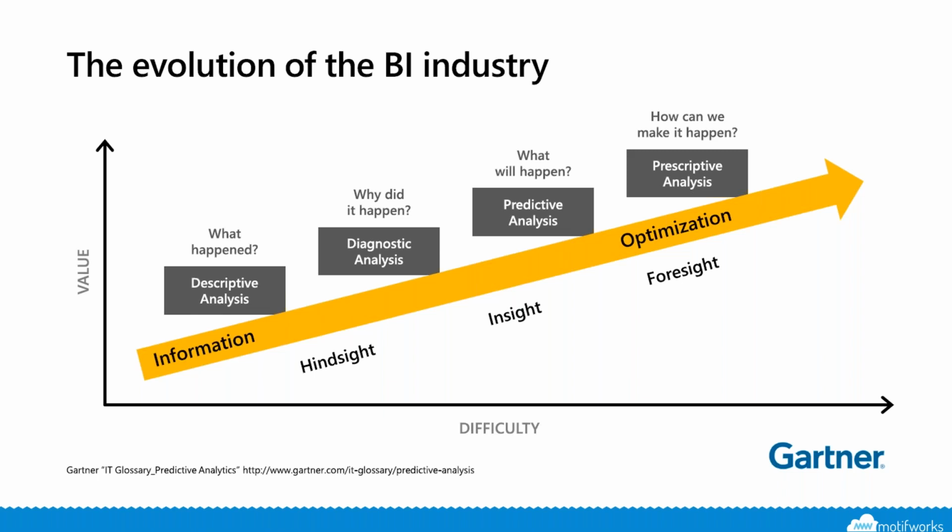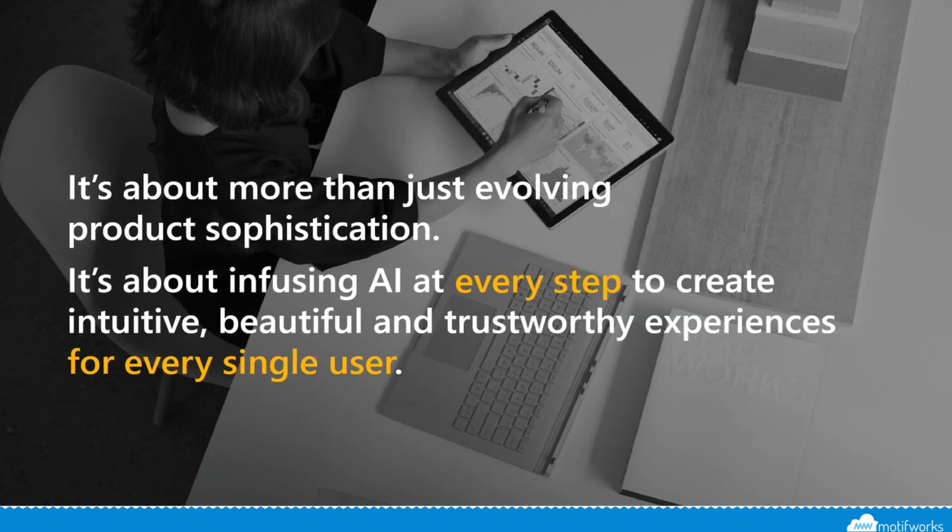But what we think is it's not more about evolving the product sophistication and starting to apply machine learning techniques for predictive and prescriptive analytics. It's about infusing AI at every step. So even simple questions like what happened can be greatly improved by using various AI techniques. Why did it happen? Deeper analysis certainly can benefit from various machine learning techniques.